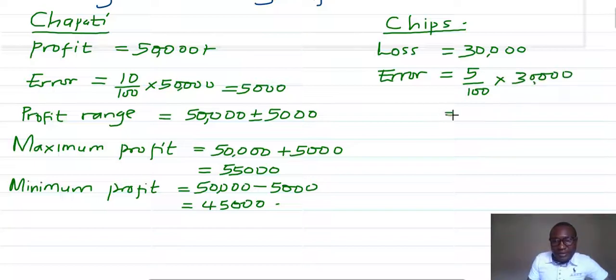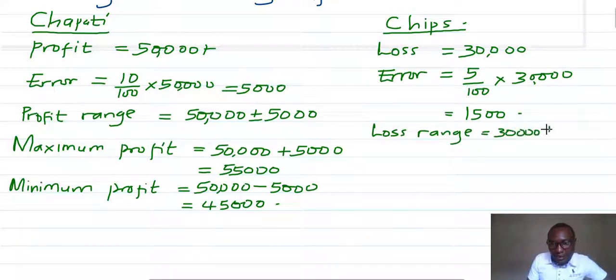So the error here becomes 1,500. Then the loss range is going to be equal to 30,000 plus or minus the error margin, which is 1,500. Here we can now be able to get the maximum loss and the minimum loss.